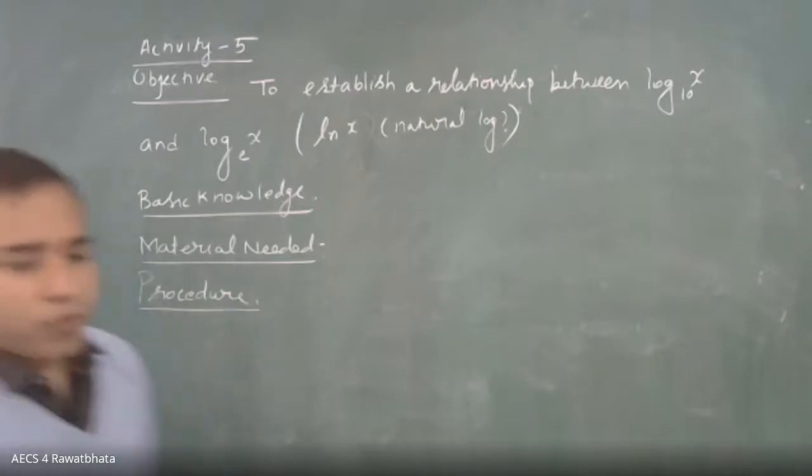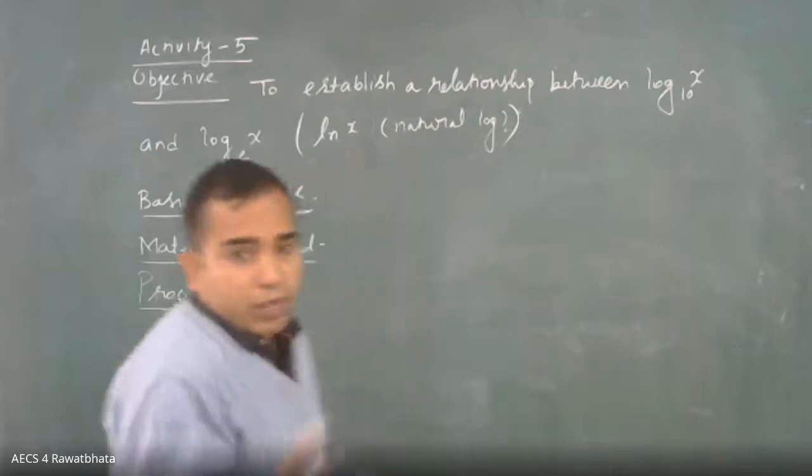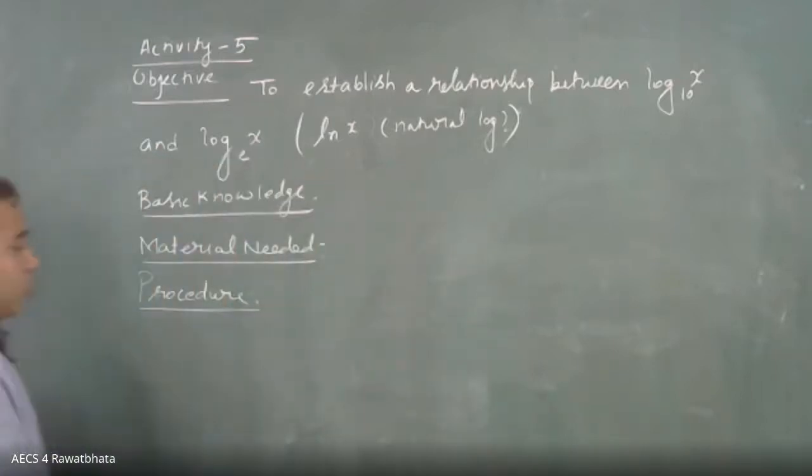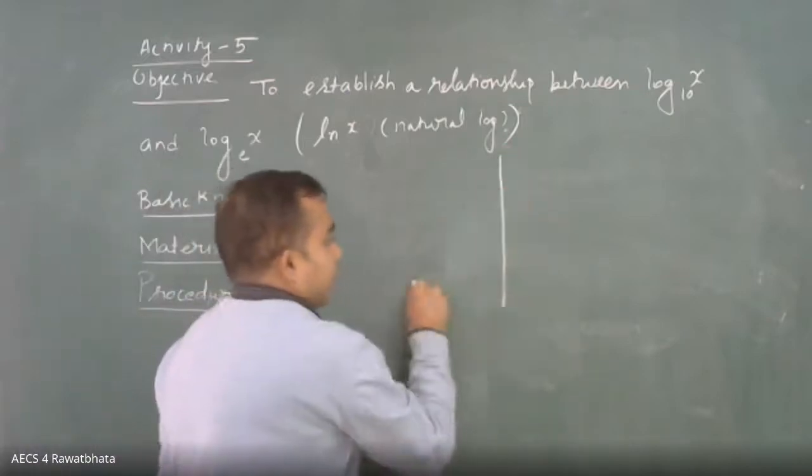Procedure: what we are going to do, we are going to draw them and find out the relationship between their values. So I have to draw both the graphs. Let me keep my x and y axis ready.